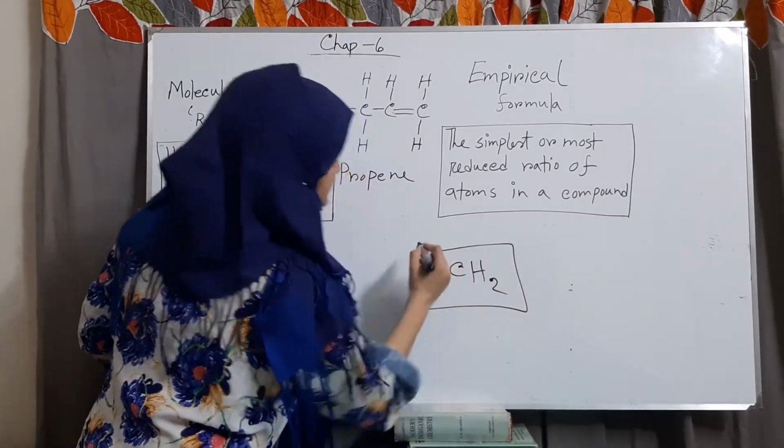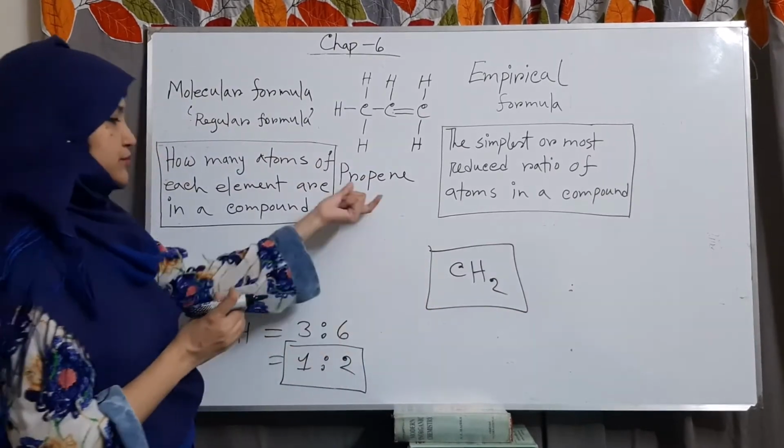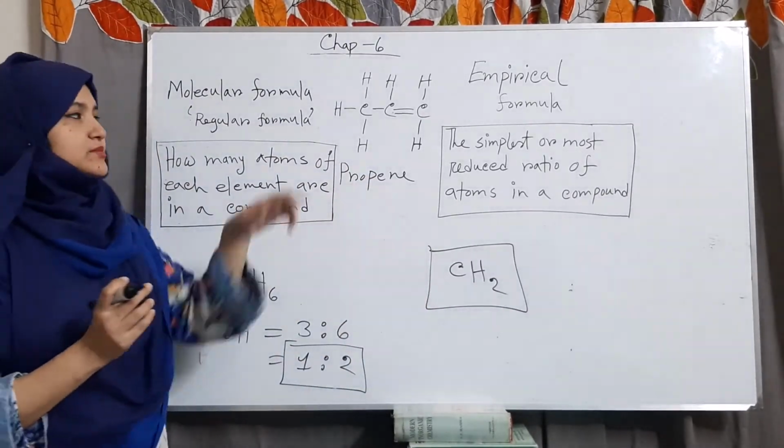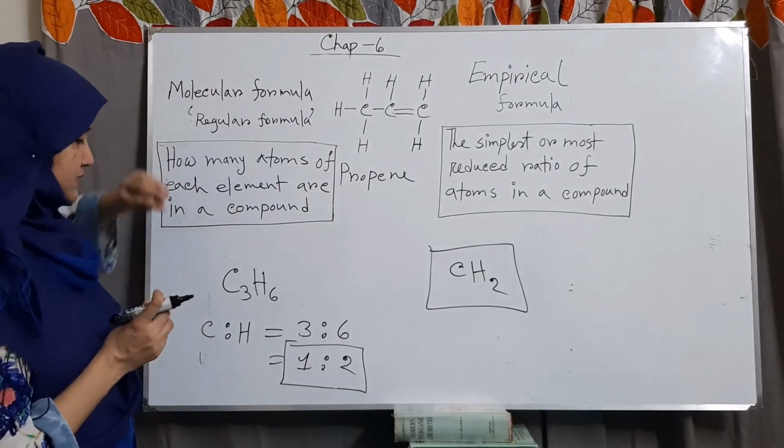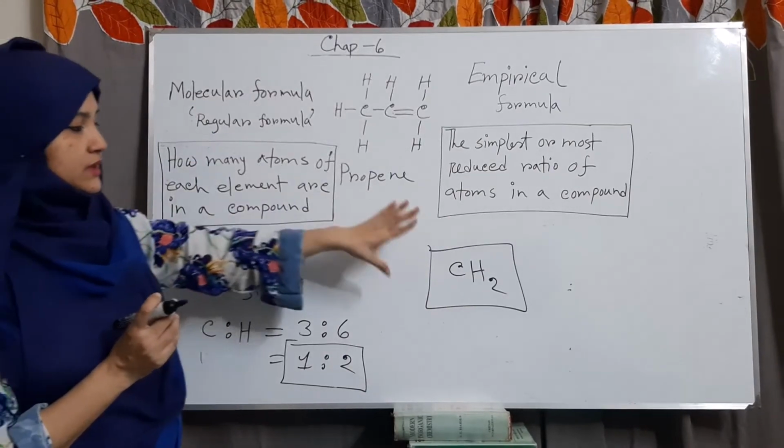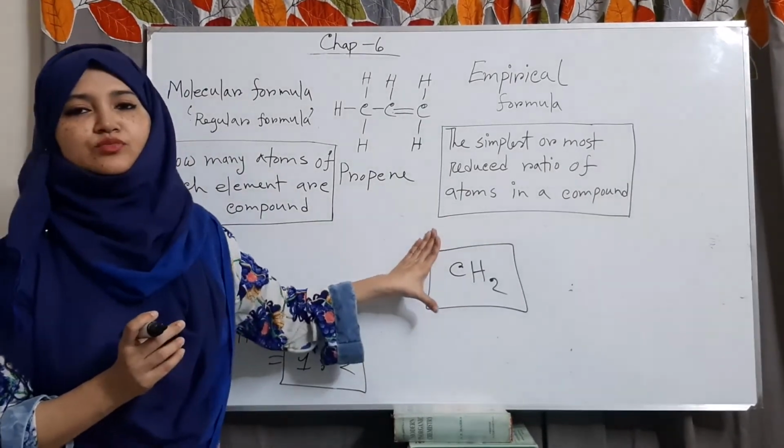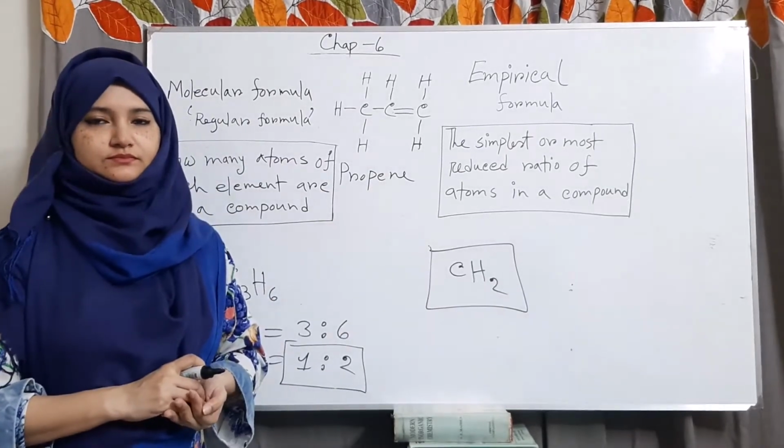This is the empirical formula of propene. That means this is the structural formula of propene, this is the molecular formula of propene, and this is the empirical formula of propene.